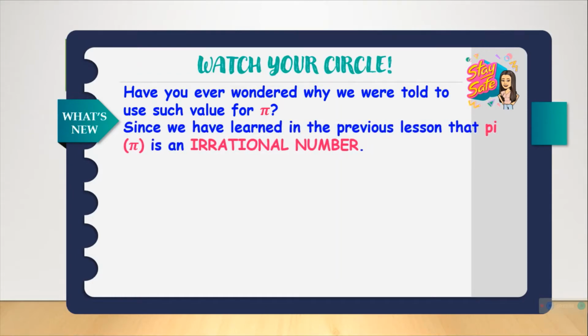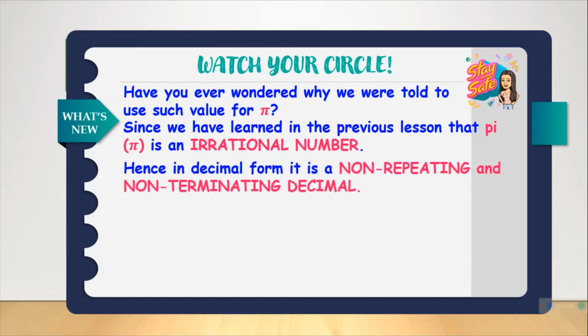Since we have learned in the previous lesson that pi is an irrational number. Why? Because the true value of pi is a non-repeating and non-terminating decimal. Non-repeating because the numbers don't repeat. But it doesn't stop either; it goes on and on because it has an ellipsis, but no decimal number repeats.